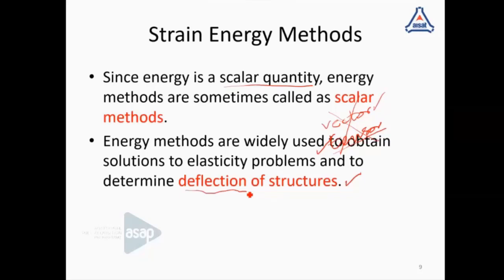In certain such applications, the deflection of structure needs to be determined, and that involves different types of equations and solution procedures. And the same thing, the deflection of structures can be determined using the strain energy methods, using a scalar approach.